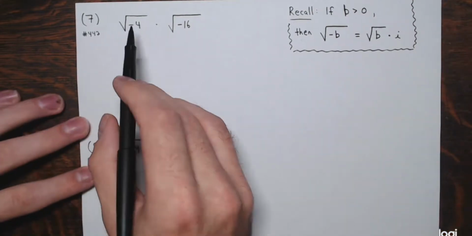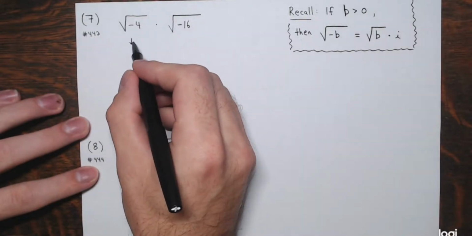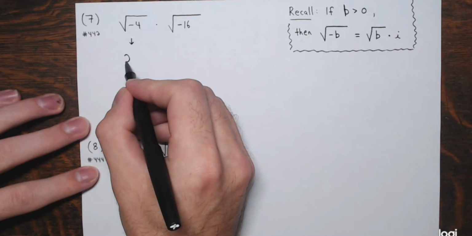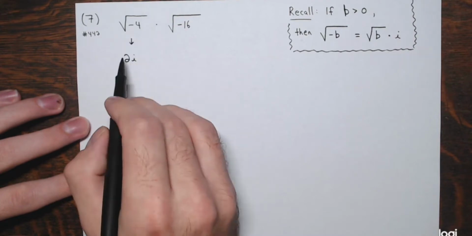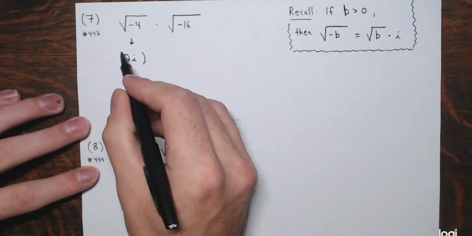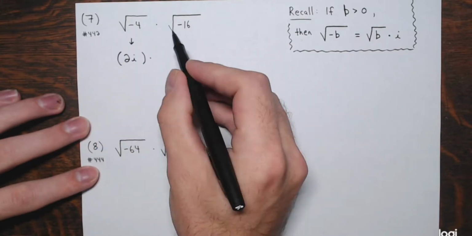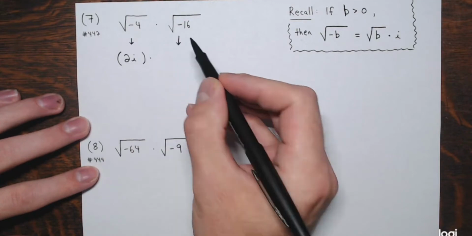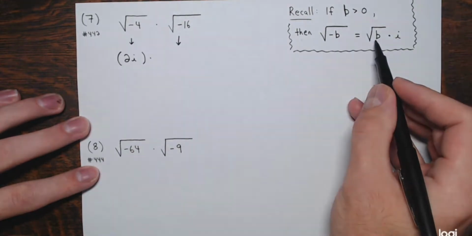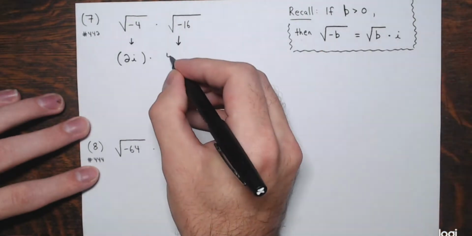So the square root of negative 4 is the square root of positive 4, which is 2, times i. So I have the square root of negative 4 is 2i, times, and then the square root of negative 16 would be the square root of positive 16 times i, which is 4i.